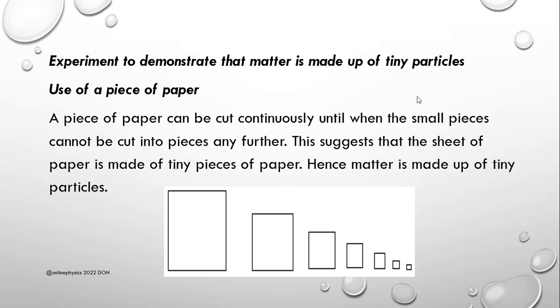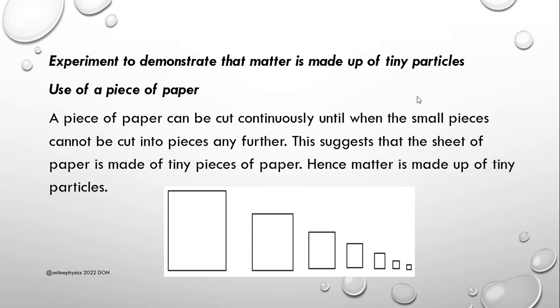A piece of paper can be cut continuously until the small pieces cannot be cut any further. This suggests that the sheet of paper is made of tiny pieces of paper. Hence, matter is made up of tiny particles.